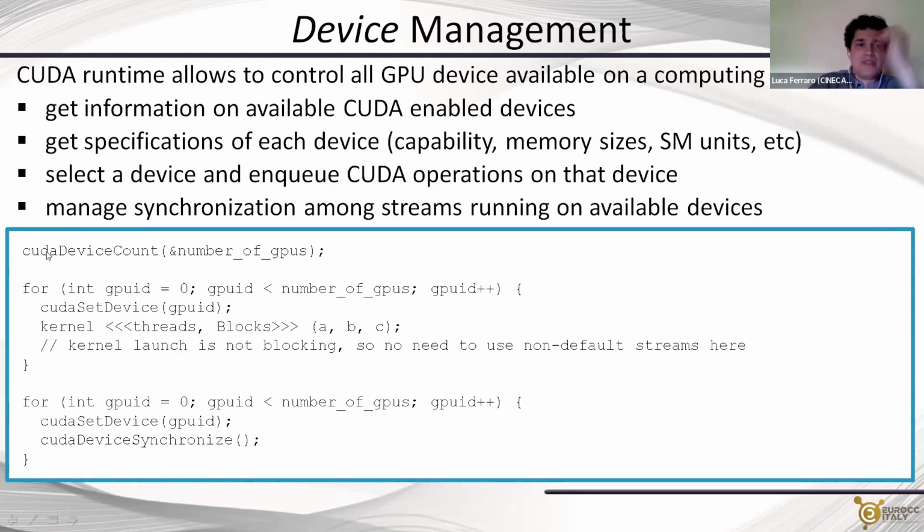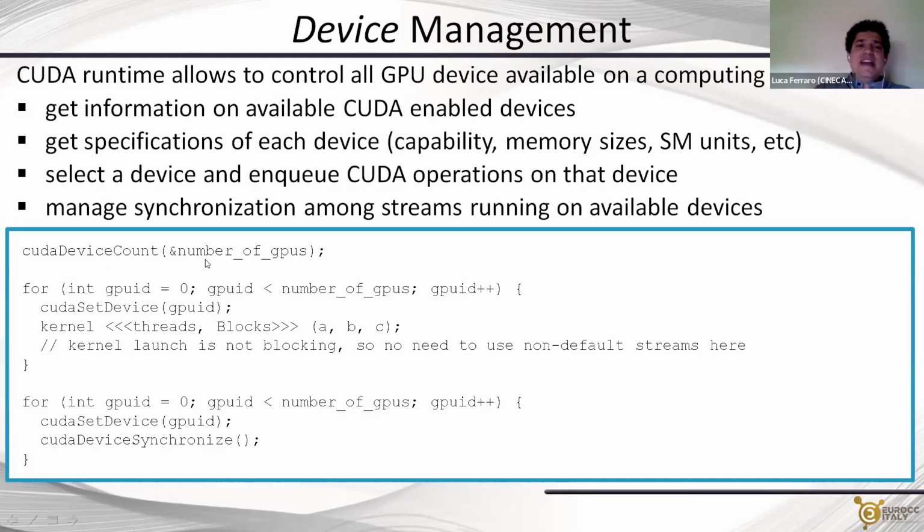Okay, for example, let's see this pseudo code. The CUDA device count will return the number of available CUDA GPU devices present on the current compute node of the process.